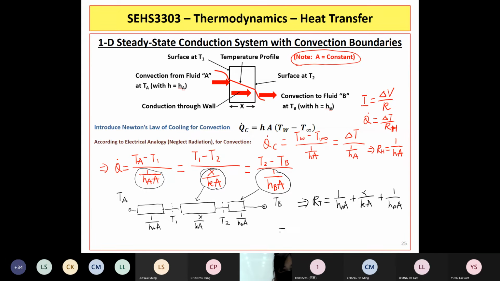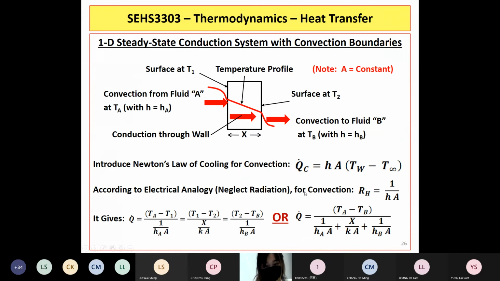So now we can calculate the heat transfer by T_A minus T_B over R_T, right? Plug this equation into this equation, and you can get the heat transfer in this steady state conduction system with convection boundaries.